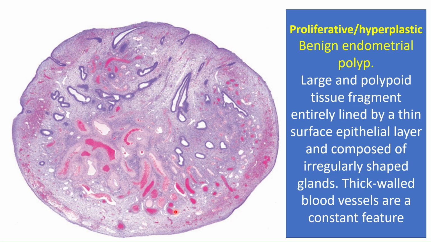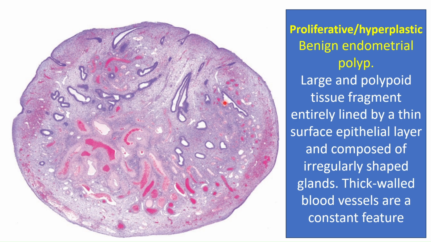So now, if we see microscopically, this is the benign endometrial polyp showing large polypoidal tissue, and the surface epithelium is covered by a thin layer of cuboidal cells, and the whole polyp is covered with this surface epithelium. The glandular tissues are irregularly shaped.